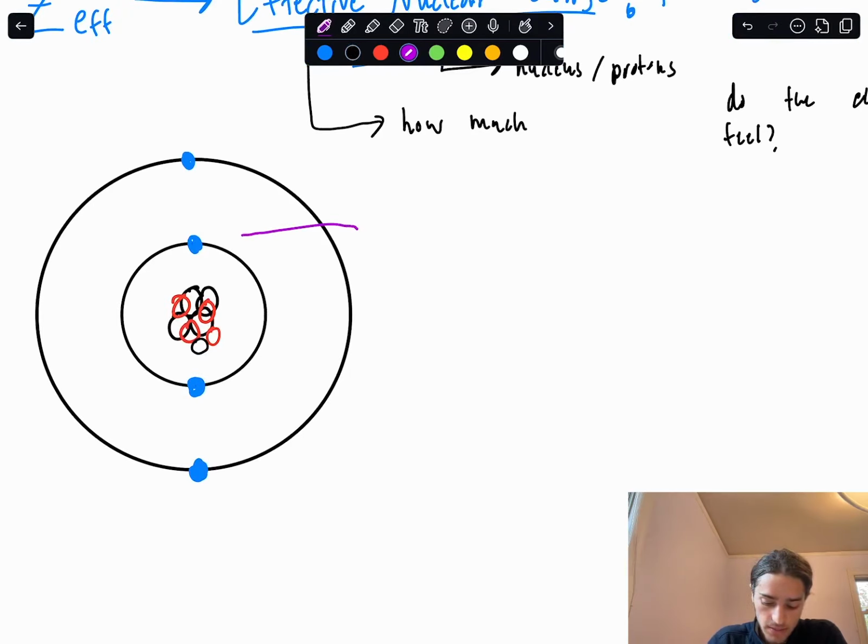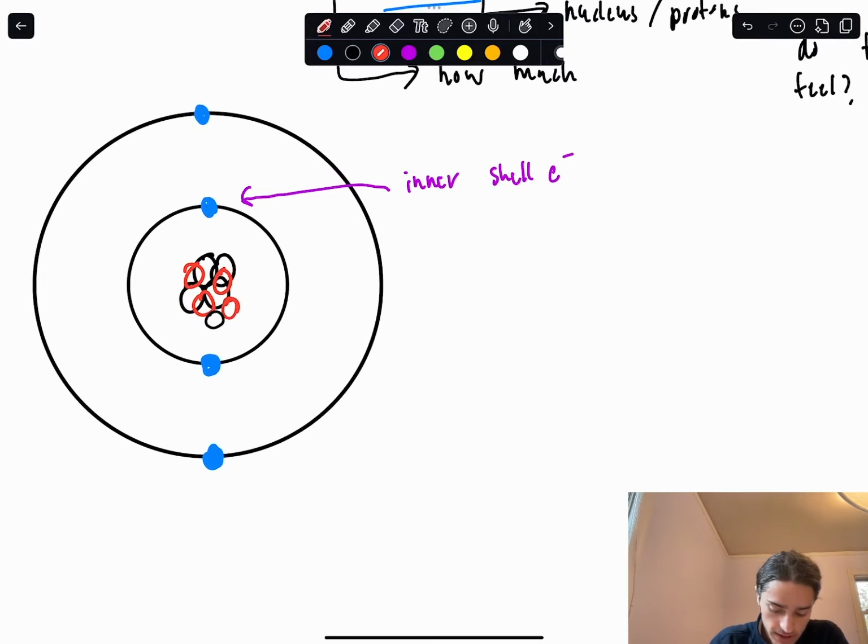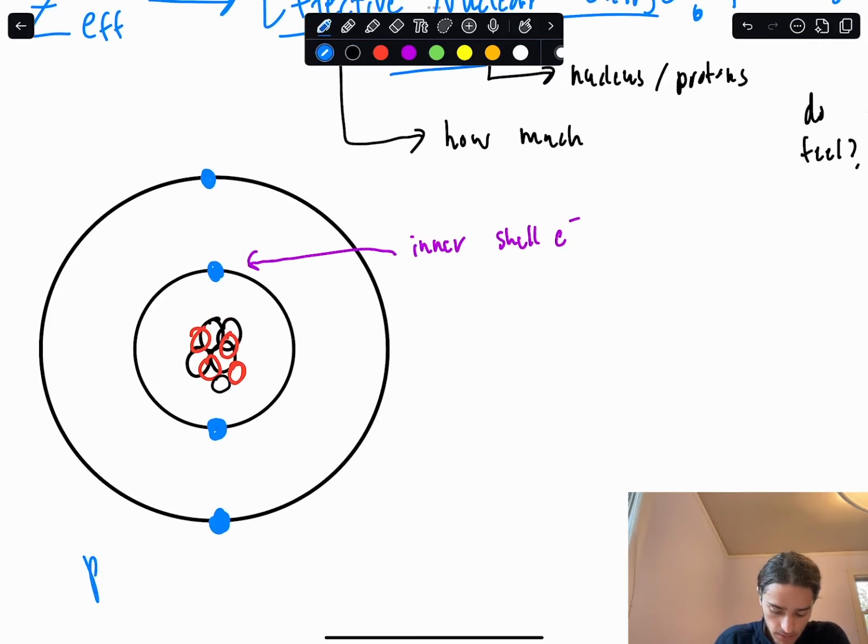Let's get into the nitty gritty. If we're looking at an inner shell electron, by the way, what atom is this? Hopefully you've figured that out. It's got four protons. So if you've got your periodic table, you would see that this is beryllium.